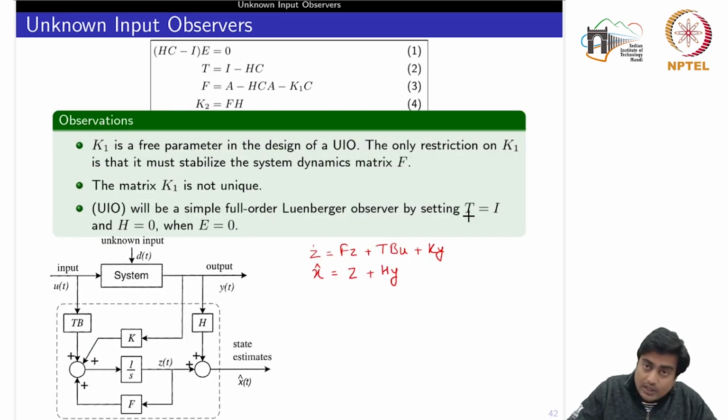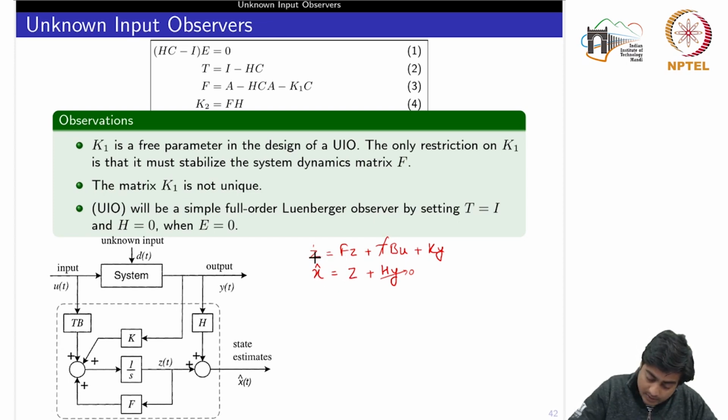So now if we substitute T is equal to I, so this will go away as an identity matrix. H is 0, so this part would become equal to 0. So the remaining part is x hat would become equal to z.